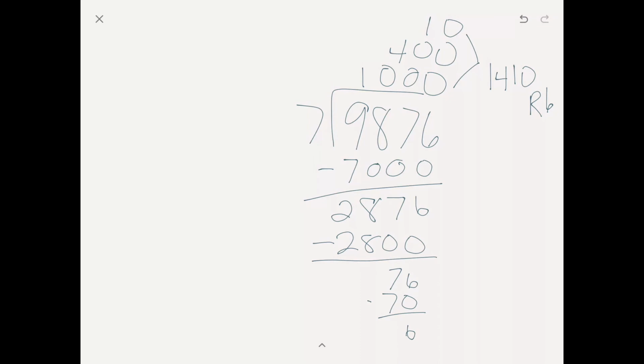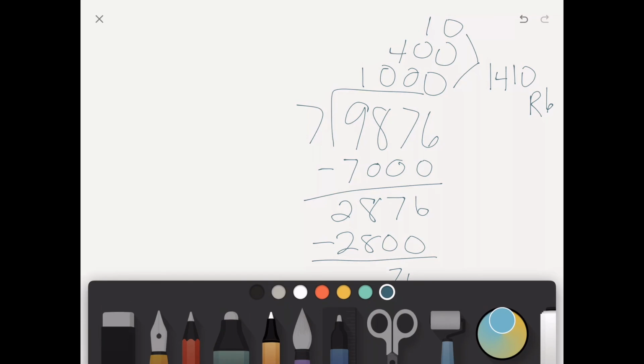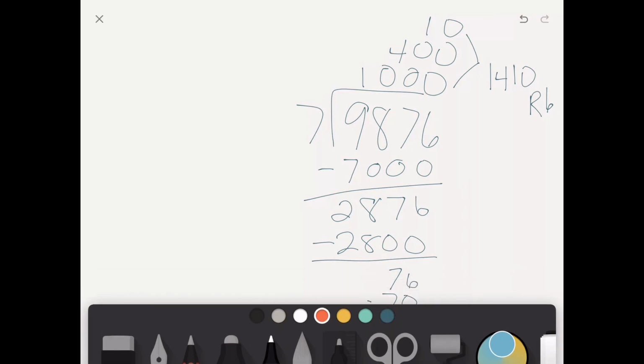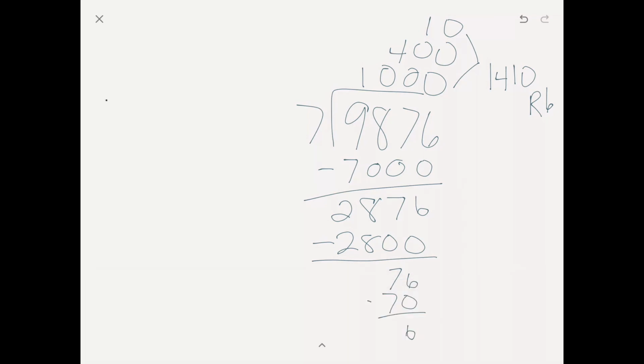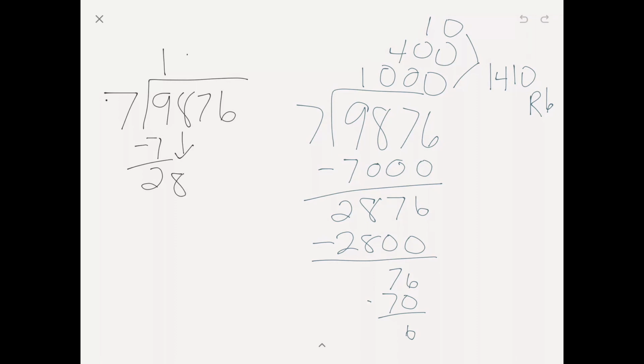But that's the idea, is that we're building their understanding so that when they come over here and they do that with the traditional algorithm, 9, 8, 7, 6. And what they normally do is 7 into 9 would be 1, right? And they have 7, 2, bring down the 8, and it's a 4.